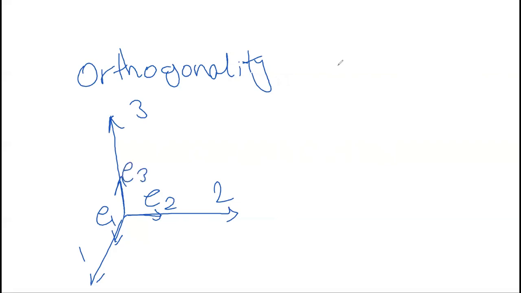So what is orthogonality? It means that if I multiply the vector e1 by e2, it will be 0. The inner product of these vectors is 0 because they are orthogonal. E1 by E3 is 0.